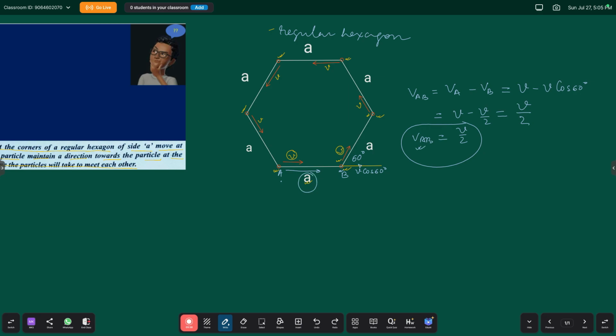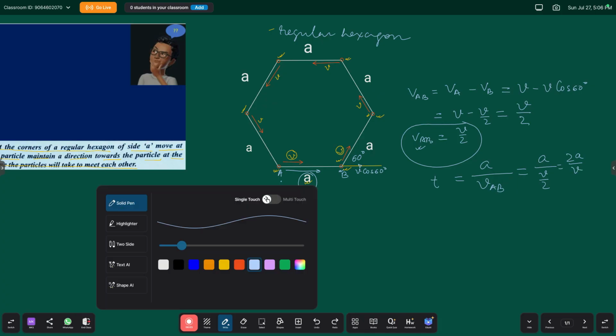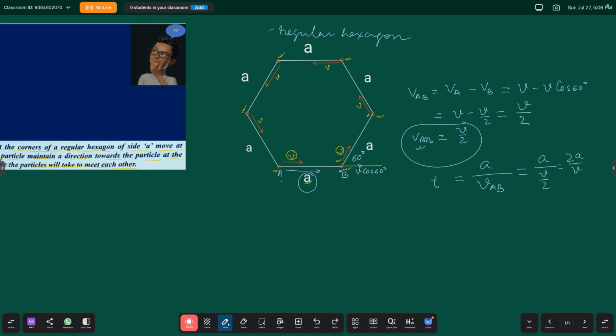That is a distance. So time you can easily get. Distance a divided by velocity of approach between AB, that is 2a by v. So this will be your answer.